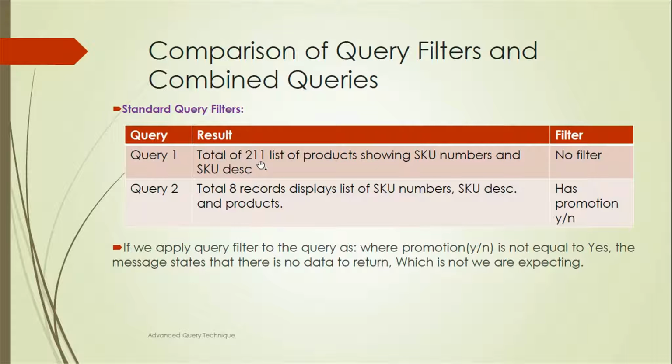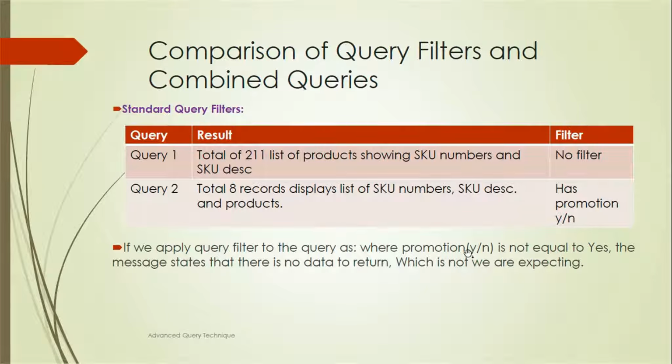It is retrieving 211 records in total. Query two will display 8 records consisting of SKU numbers and SKU description from products, and there is a filter applied where promotion is equal to yes. So if the condition is promotion equal to yes, it will return the eight records. Otherwise, all the products are 211.